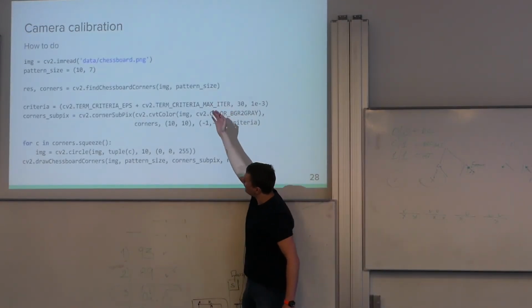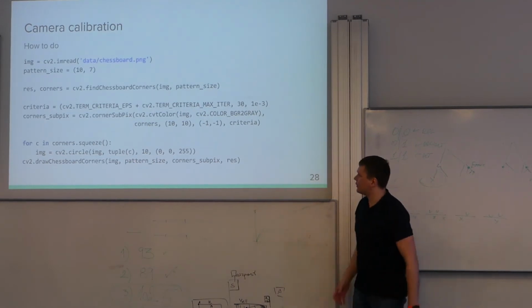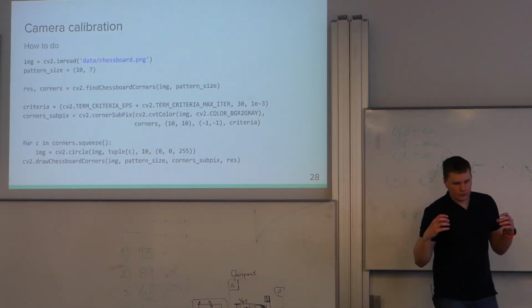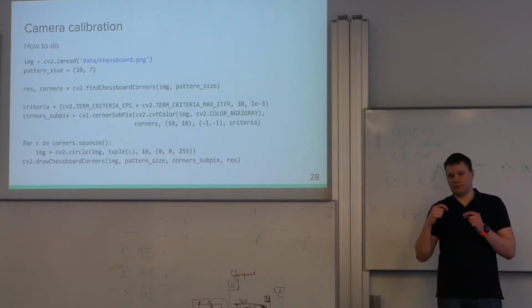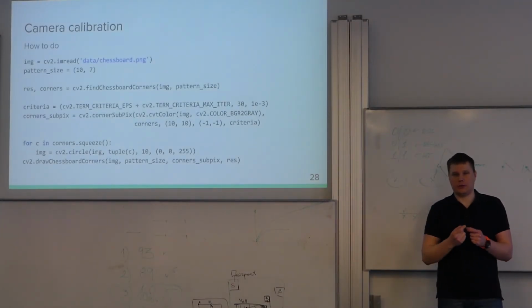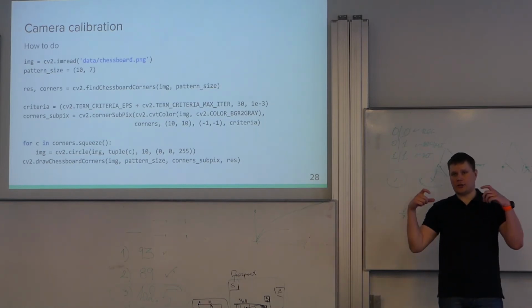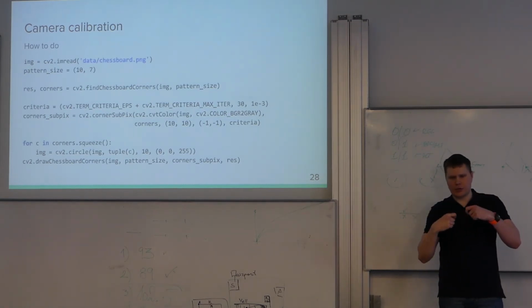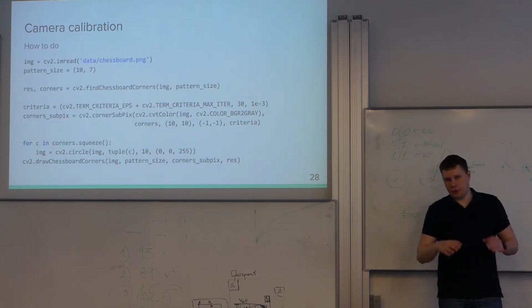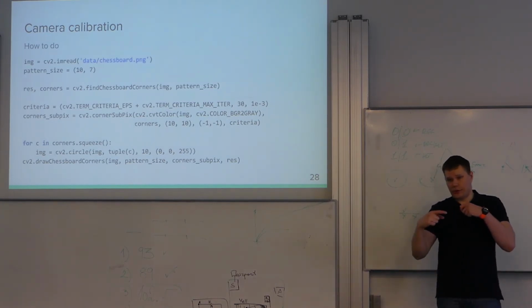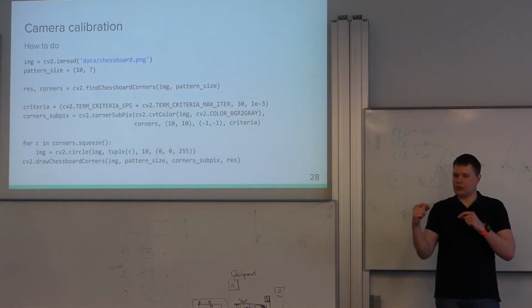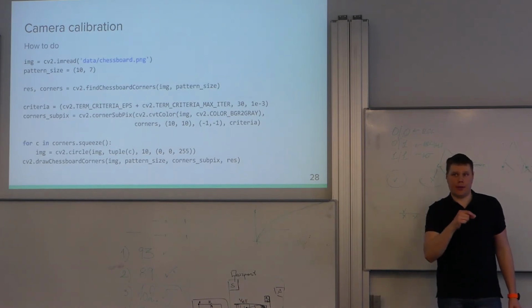So we found our chessboard corners roughly, and then we can improve our accuracy by finding the corners with subpixel accuracy. It's again solving some optimization problem. If you're interested, you can find it in the OpenCV documentation and other links in the books. But actually, we need to find some better points. It's not an actual pixel position, it's a subpixel position.